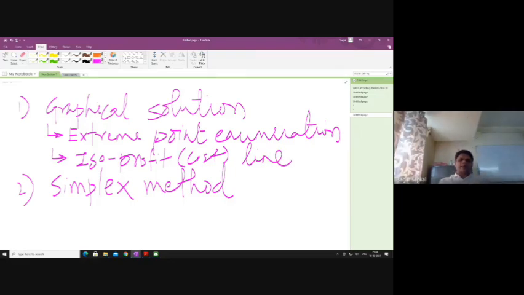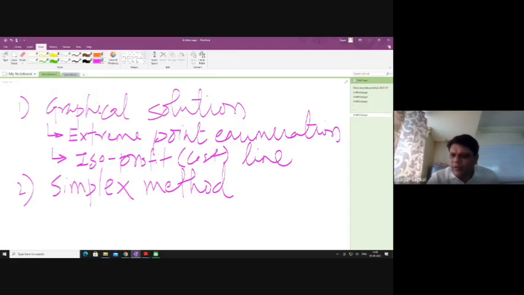Okay, so extreme point enumeration is one way, and iso profit line in case of a maximization problem, and iso cost line in case of a minimization problem. So these are the two ways which we can use for solving this problem.